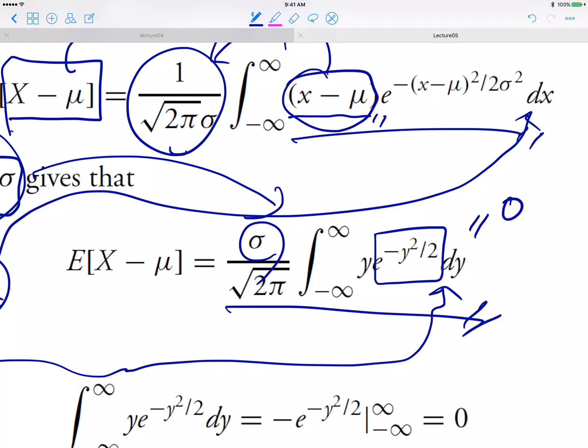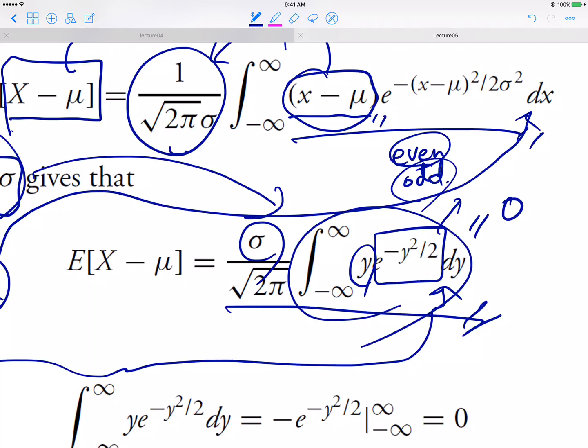Among even functions and odd functions, this one is an even function, right? If we mirror it along the y-axis, we obtain the same function. And this one is an odd function, right? It's mirrored with respect to the origin, and then we obtain the same function shape.